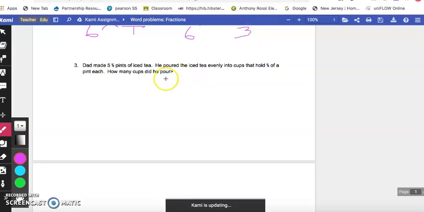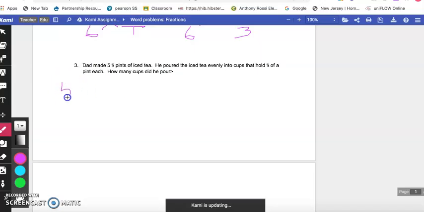So now I need to think, what am I dividing up? Am I dividing up my 5/6? Or am I dividing up my iced tea of how much Dad made, 5 5/6 pints? Well, I'm dividing up my 5 5/6 pints.